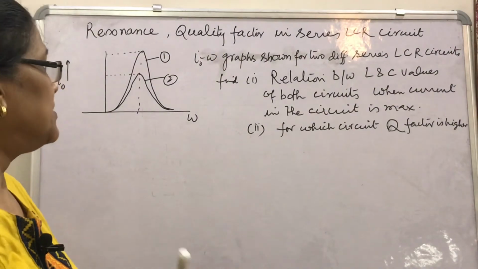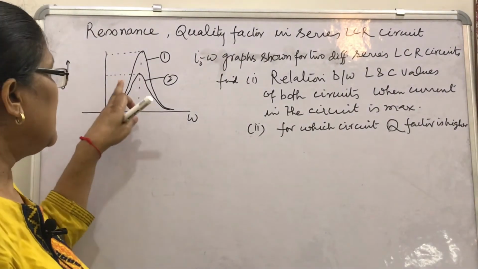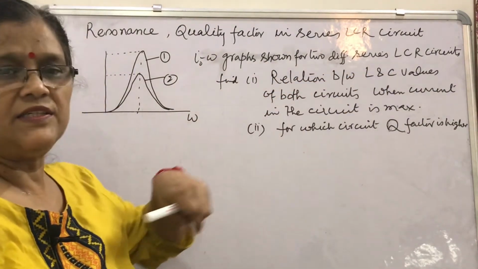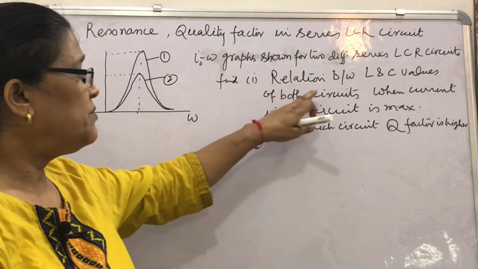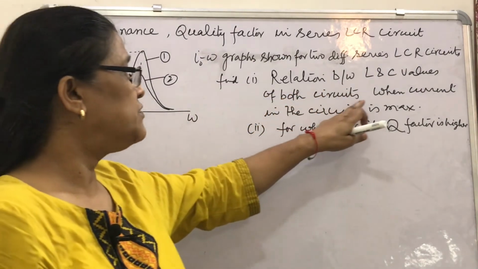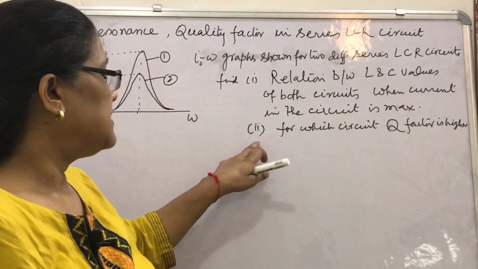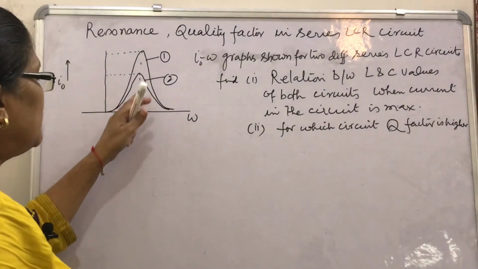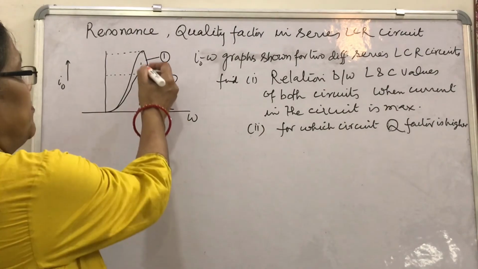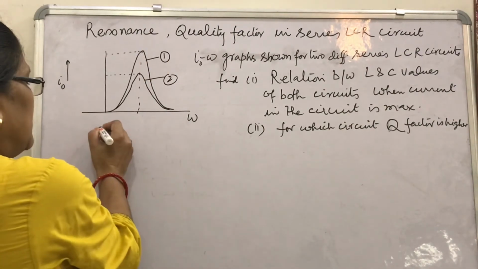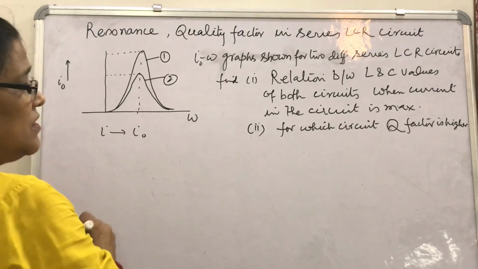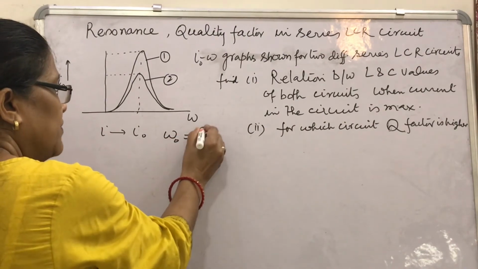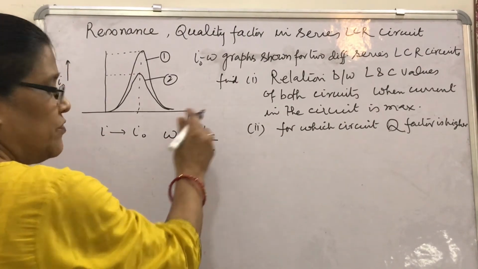Another example based on the quality factor. Look, in this question, I naught omega graphs are shown for two different series LCR circuits. Find the relation between L and C values of both circuits when current in the circuit is maximum, and second, for which circuit the quality factor is higher. Here we find that at resonance I is maximum, I naught, impedance is minimum, and the resonant frequency is omega naught equal to 1 by root LC.